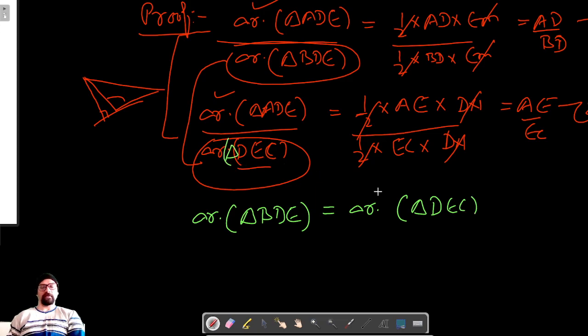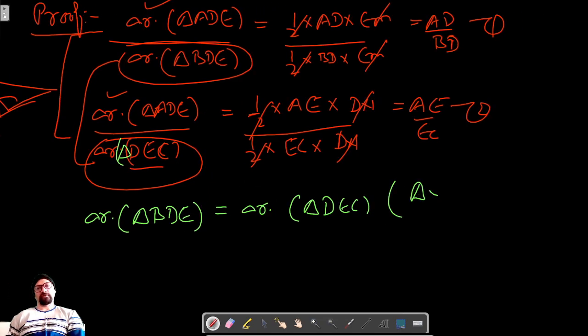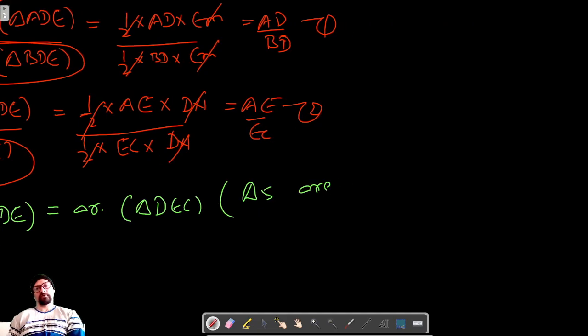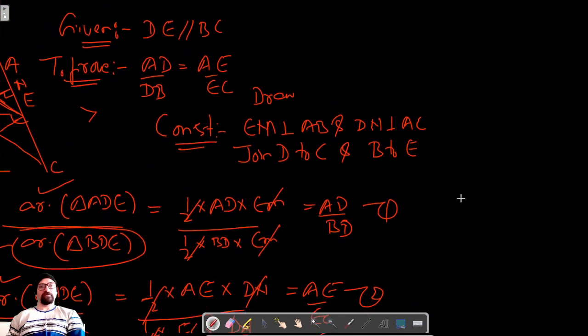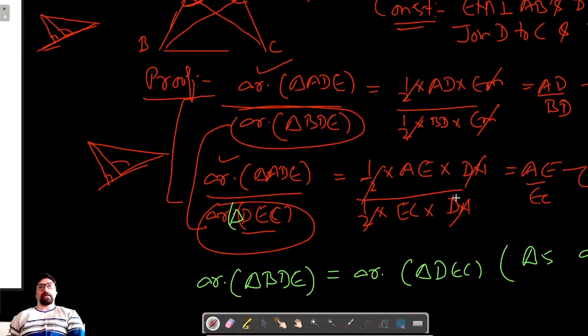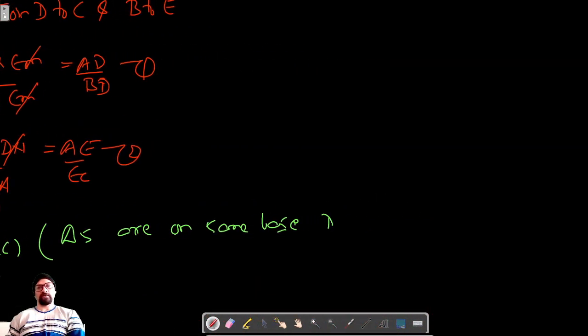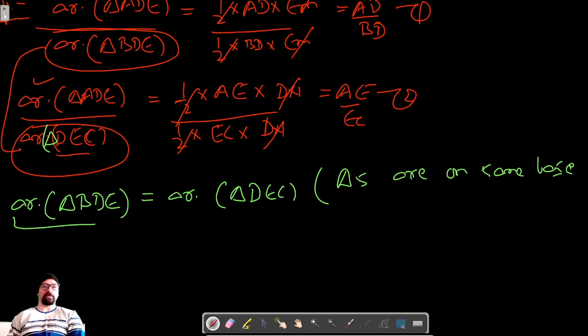These triangles are on the same base DE and between the same parallels DE and BC, and we know that the areas of such triangles are equal.